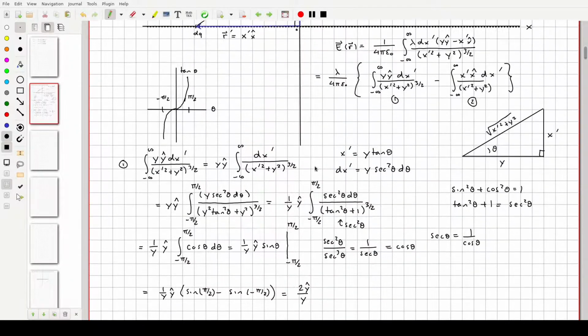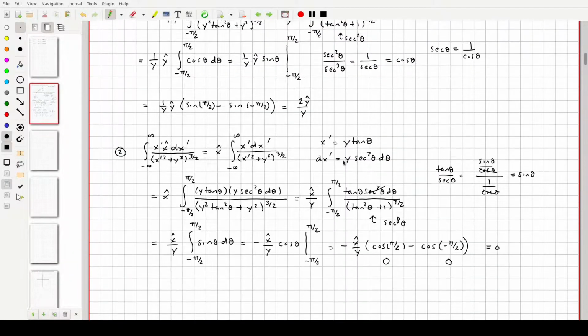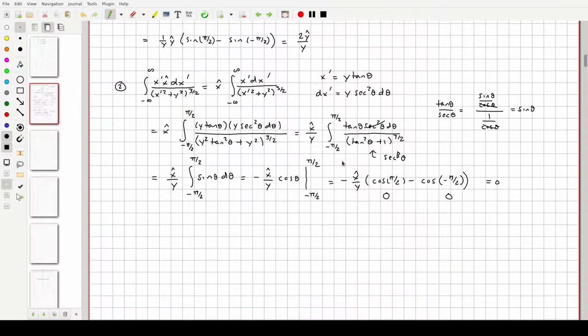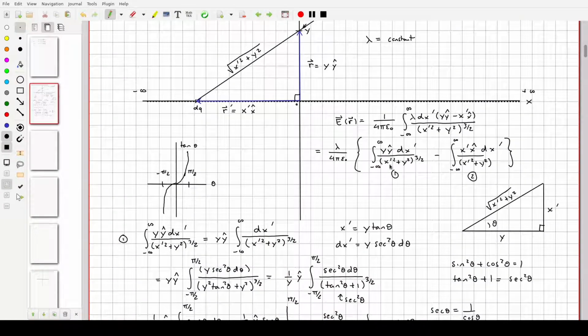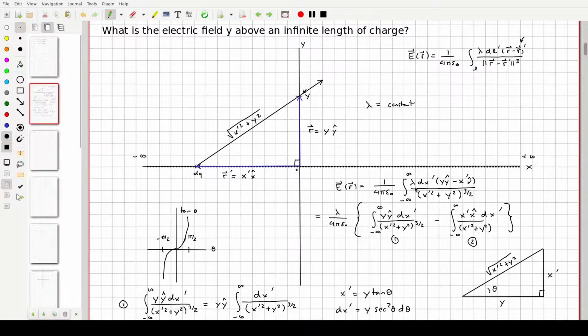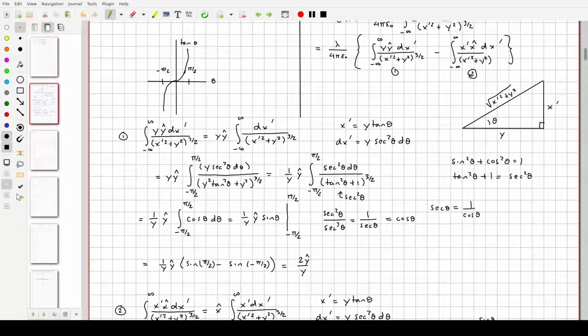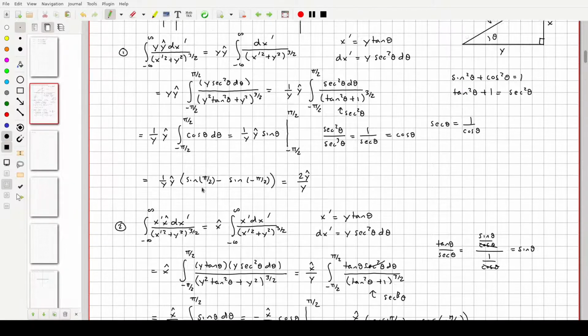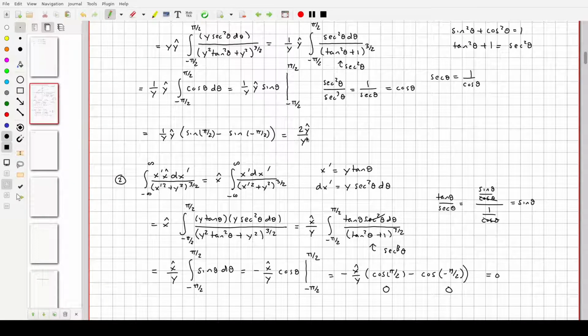So here, at the end of the day, I have this stuff sitting out in front. That is lambda over 4 pi epsilon naught. Then, out of these two integrals, the only one that survived is this one right here, the result of which is 2 y hat over y.